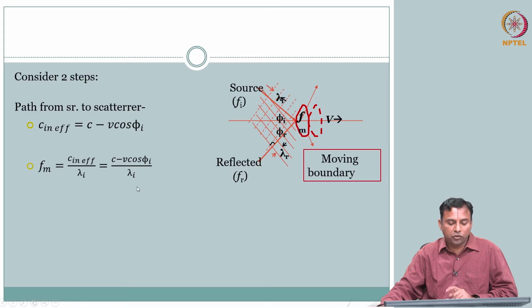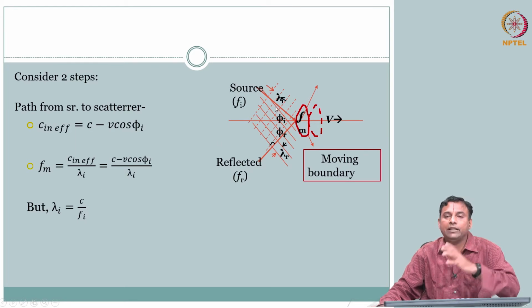This much is fine. Of course, there is one more item here, lambda i. What is lambda i? It is in the medium, nothing to do with this guy. This is what I am sending, and it is in the medium. So lambda i is related to your c and fi. So lambda i is c by fi, that is in the medium.